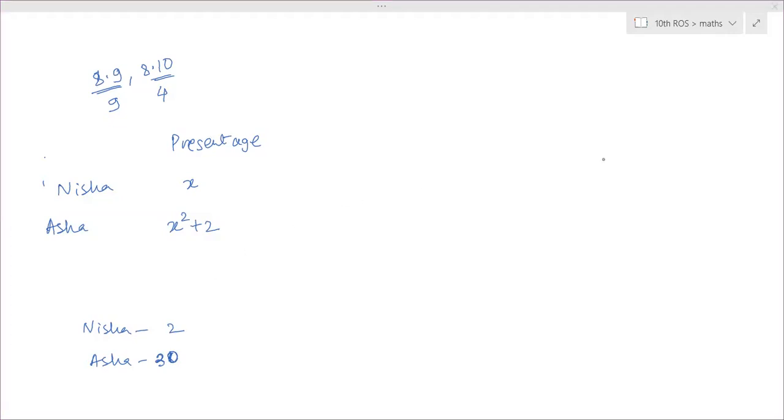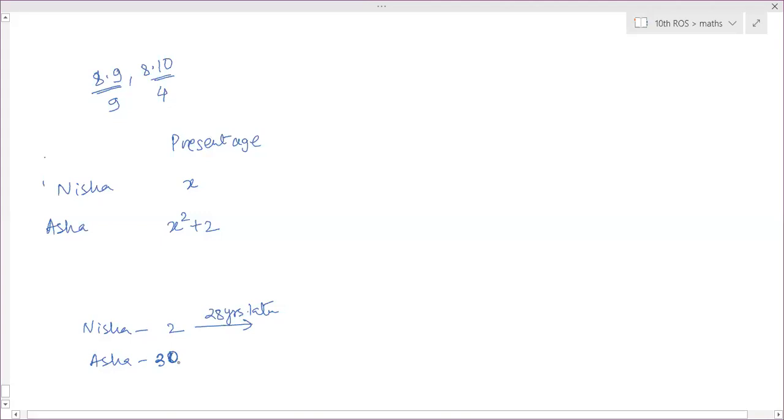After 28 years, Nisha will be Asha's age. Now, if Asha's present age is x square plus 2, how have you calculated 28 here in this question? What have you done?